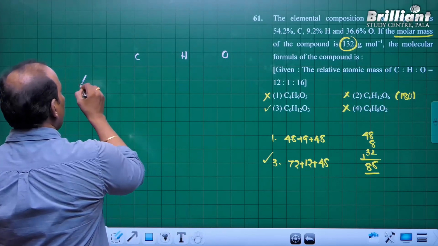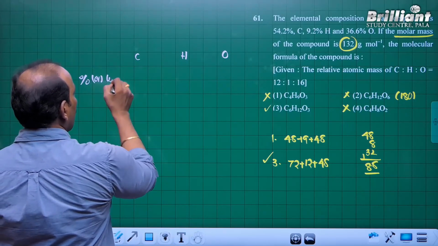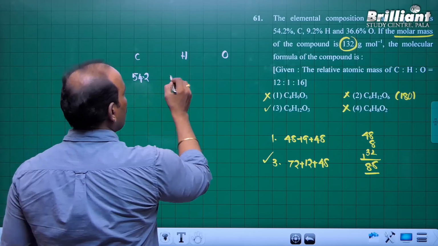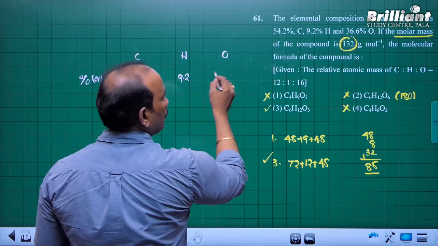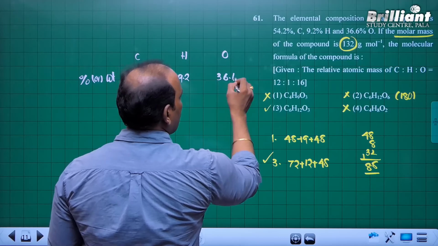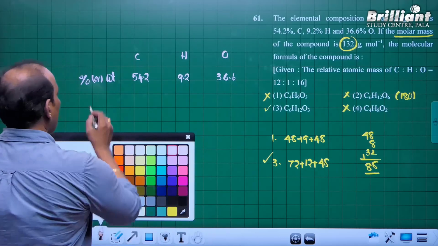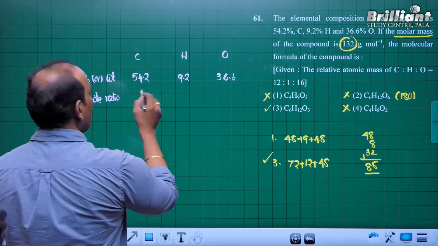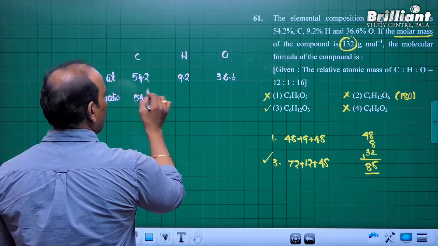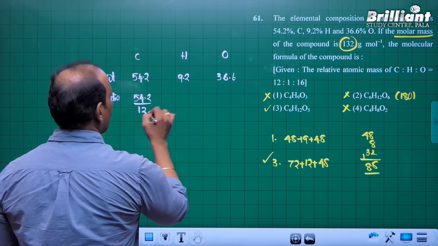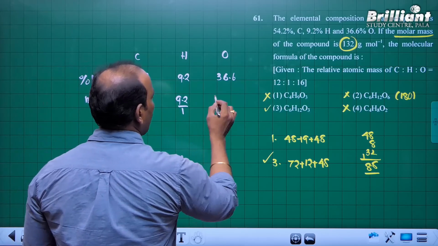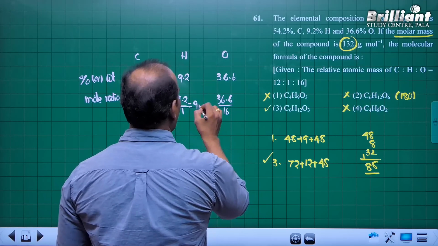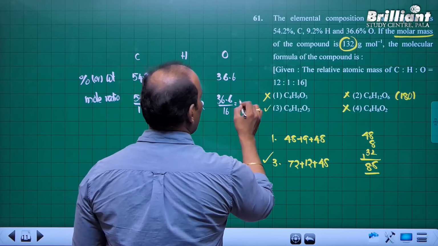Now what are the percentages given? 54.2, 9.2, 36.6. Now the mole ratio: 54.2 by 12, 9.2 by 1, 36.6 by 16.